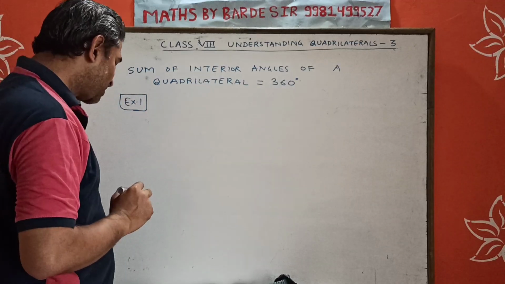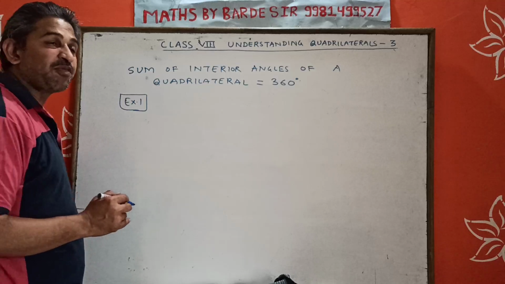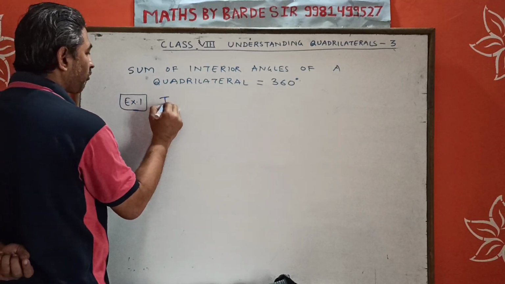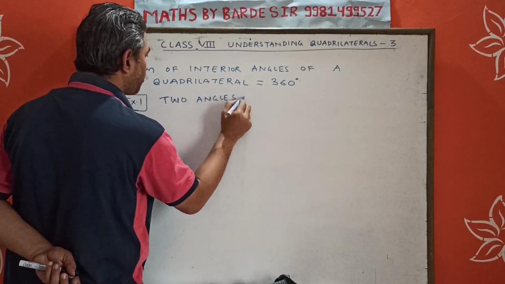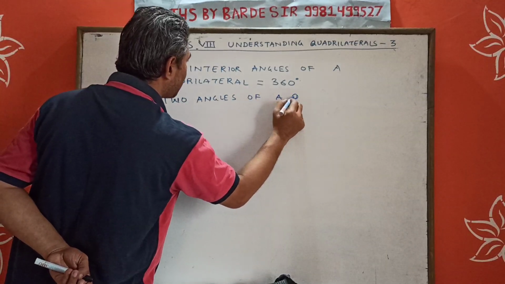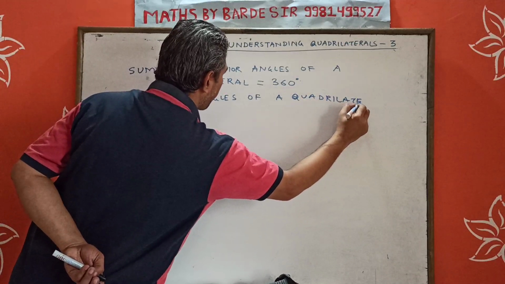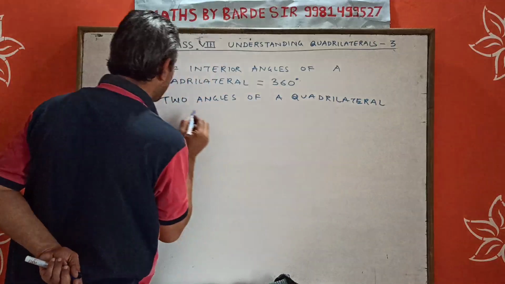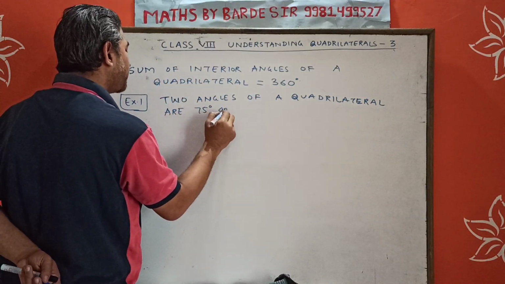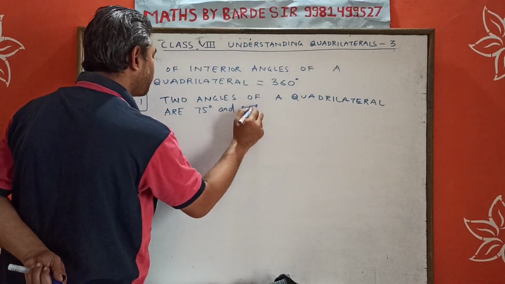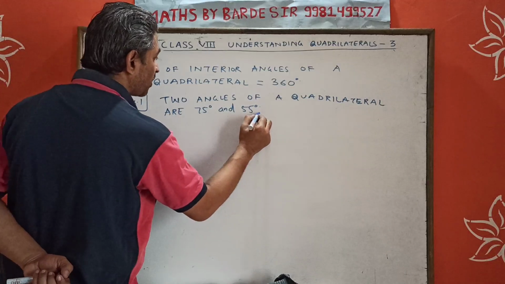first example: 2 angles of a quadrilateral are 75 degrees and 55 degrees.